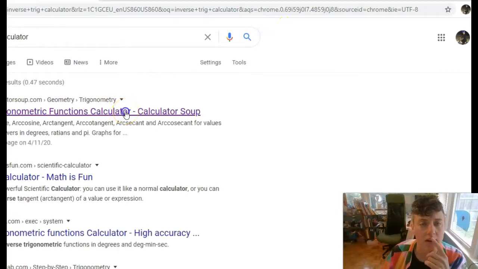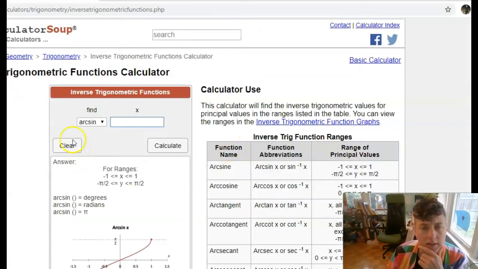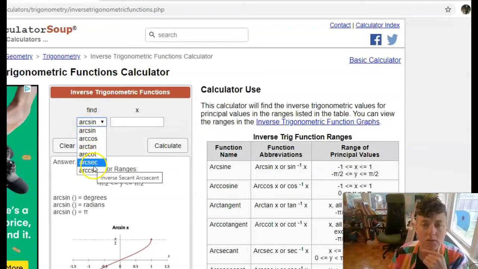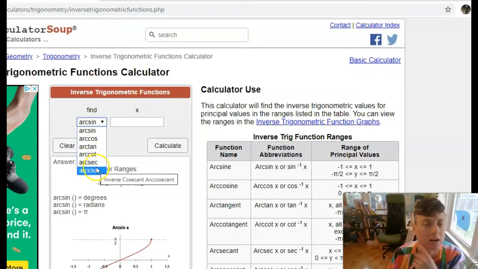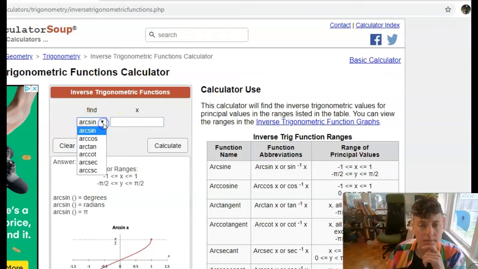Found this calculator soup one. And we click and it loads, and that's all great. So again, this is where I was saying sometimes it's called arcsine, arccos, arctan. Don't worry about the other 3 down here. You'll get to those in pre-calc, I believe. So this will be our inverse sine, our arc sine.